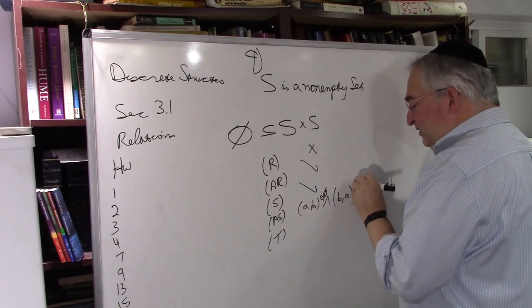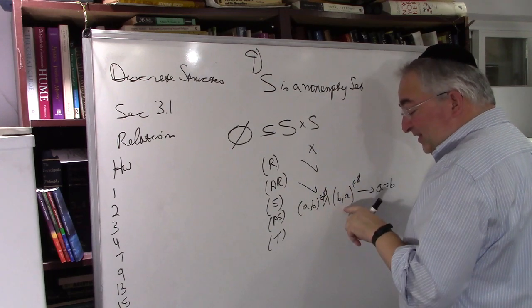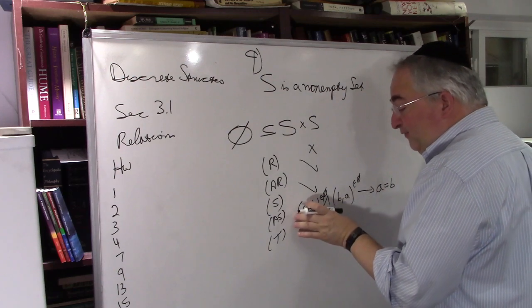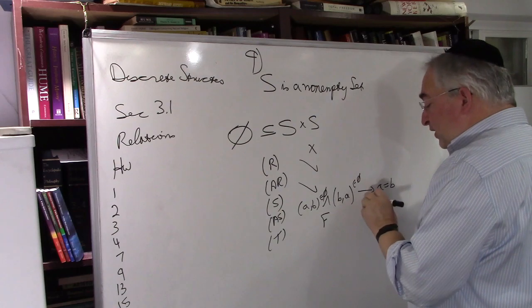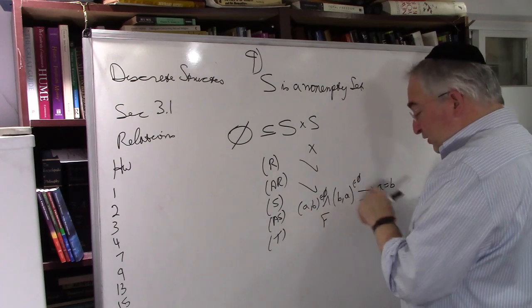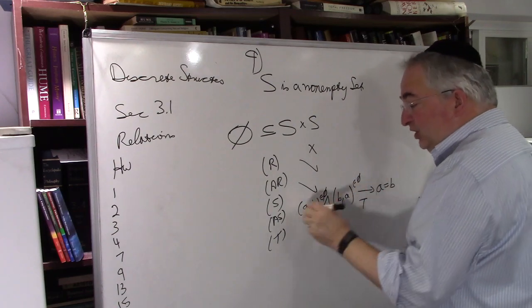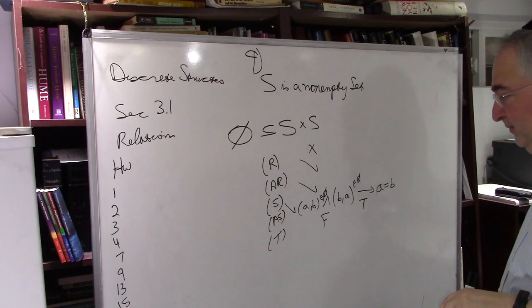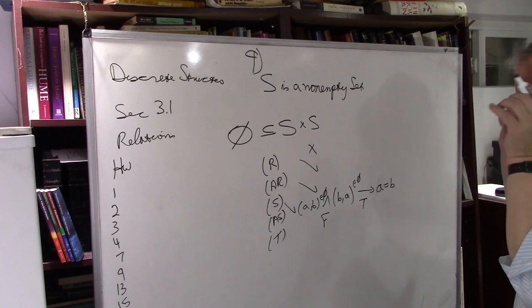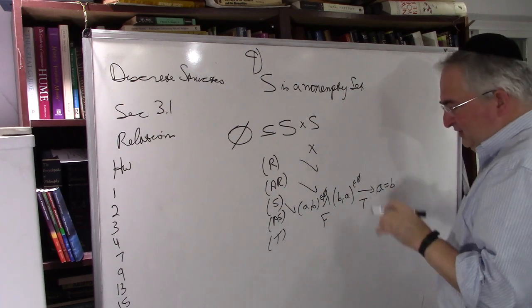And b comma a is a member of the empty set? It's not. What is false and false? That's false. False arrow anything is true. So this implication is true. Now that's the tricky part of this problem. It's logical, but it's just nasty.